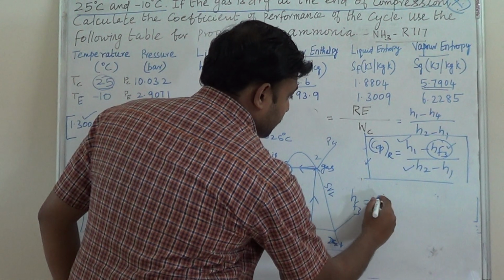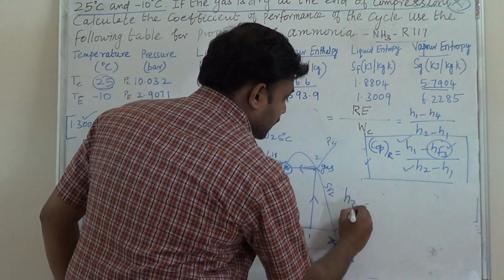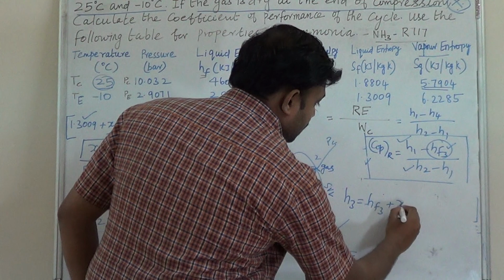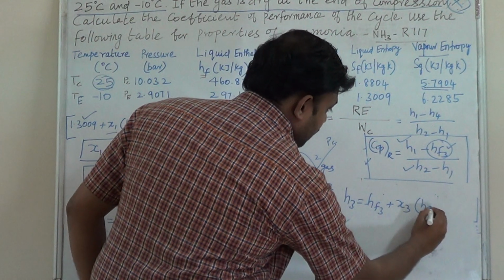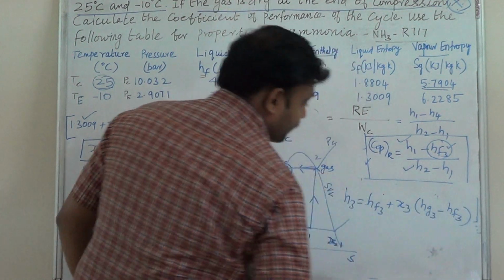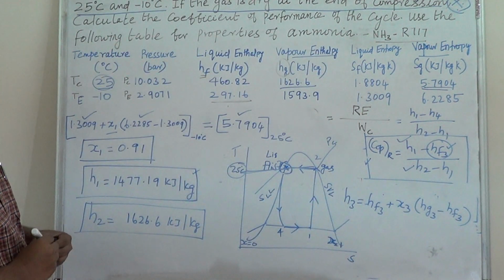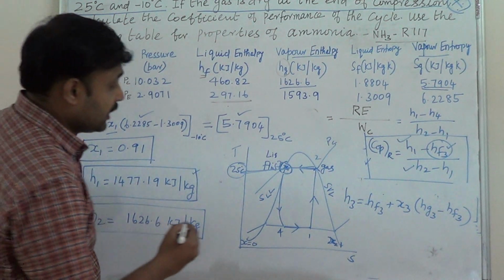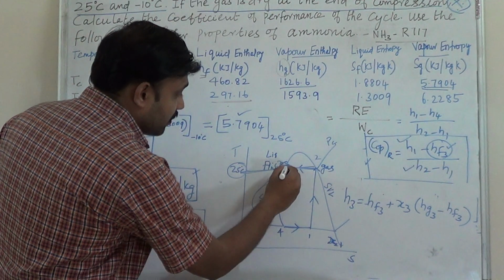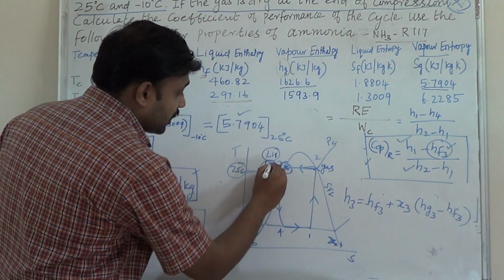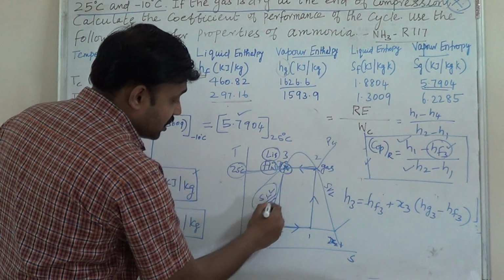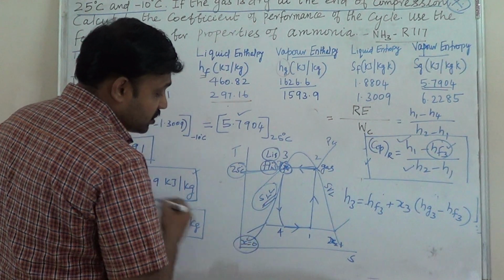So now I will write it as H3. H3 is equal to HF3 plus X3 into Hg3 minus HF3. This is the equation. Now we know that any property that is measured along the saturation liquid line will be the liquid or fluid property, and any property lying exactly on the saturation liquid line, the value of X will be 0.